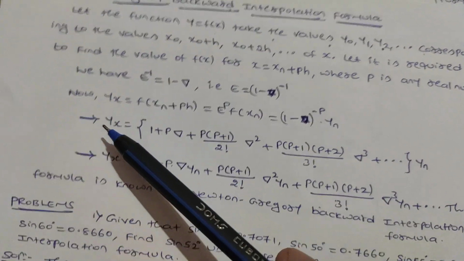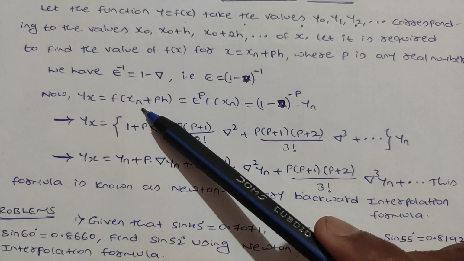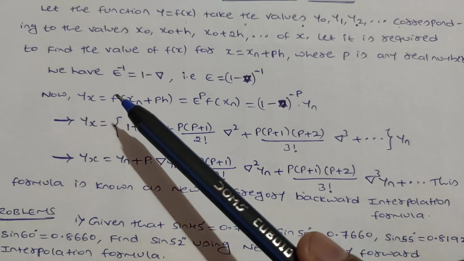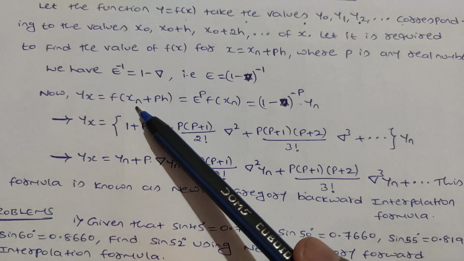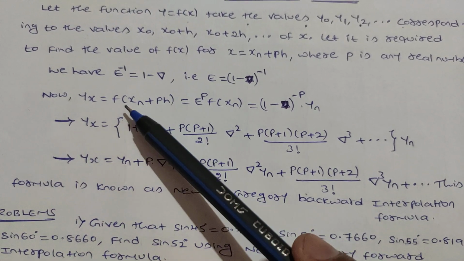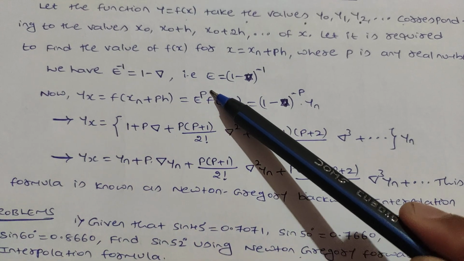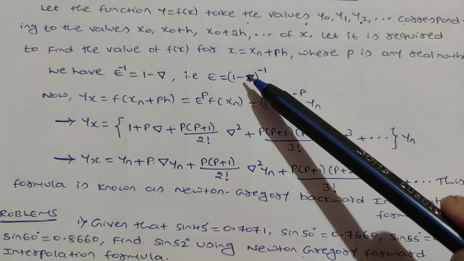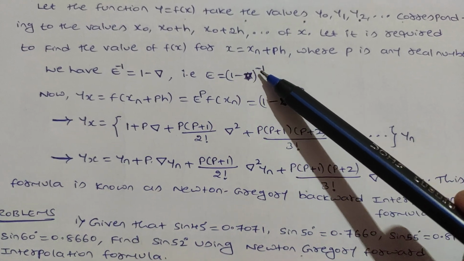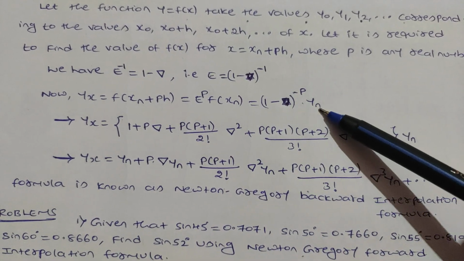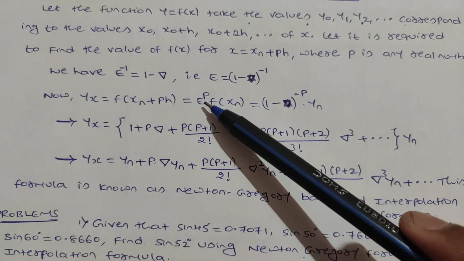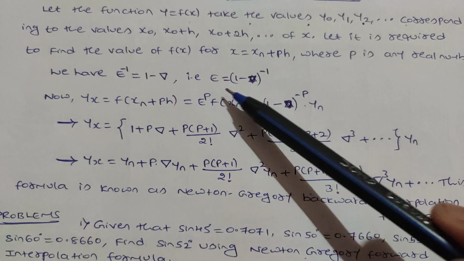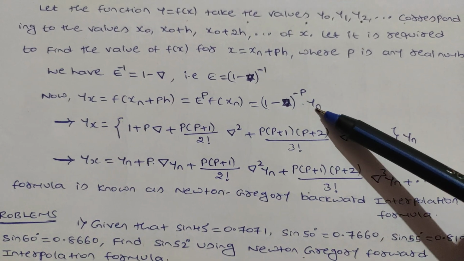So y of x, which equals y of xn plus ph, can be considered as f of xn plus ph. This term can be written as E to the power p into f of xn. We know that E in this case will be 1 minus del to the power minus p into yn. We have considered E as 1 minus del to the power minus 1, and minus 1 into p will be minus p, into yn.